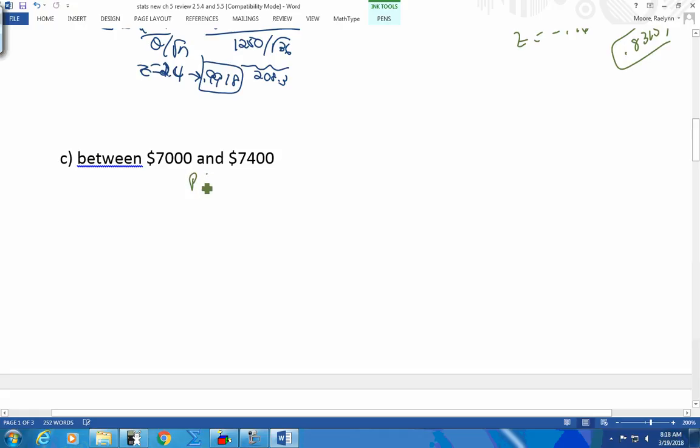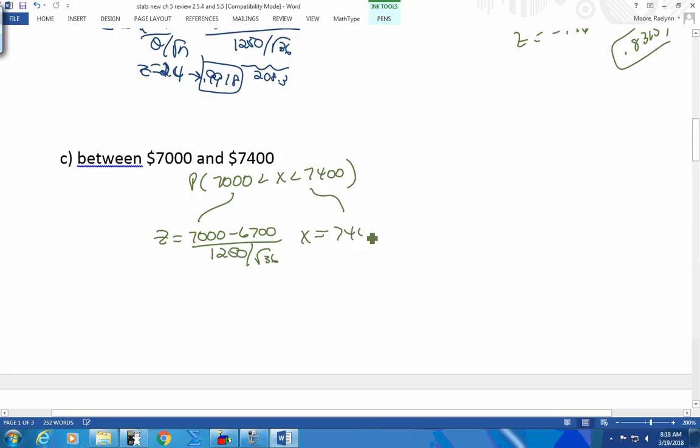Your last one, the in between, and make sure you set your inequality the right way. If you do this the wrong way, you're going to do 1 for this, 1 for this. And this is absolutely fine. And you're going to do it for this guy too.